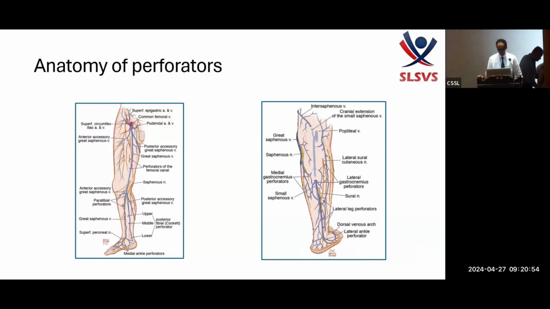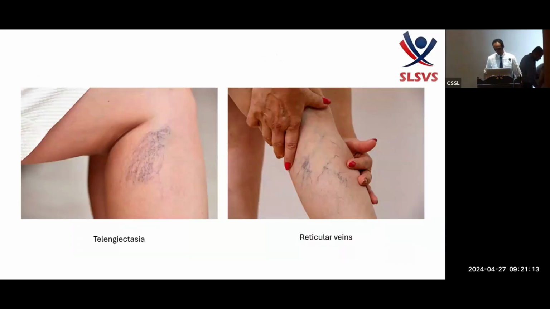Anatomy of perforators: earlier we had a lot of names for these perforators, but for description purposes, now we call them thigh perforators, calf perforators, and lateral perforators connecting to the short saphenous vein. As you can see here, these are spider veins.